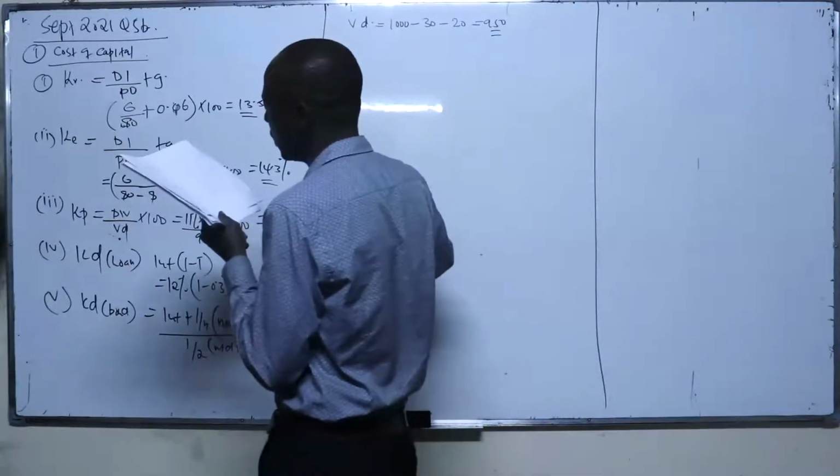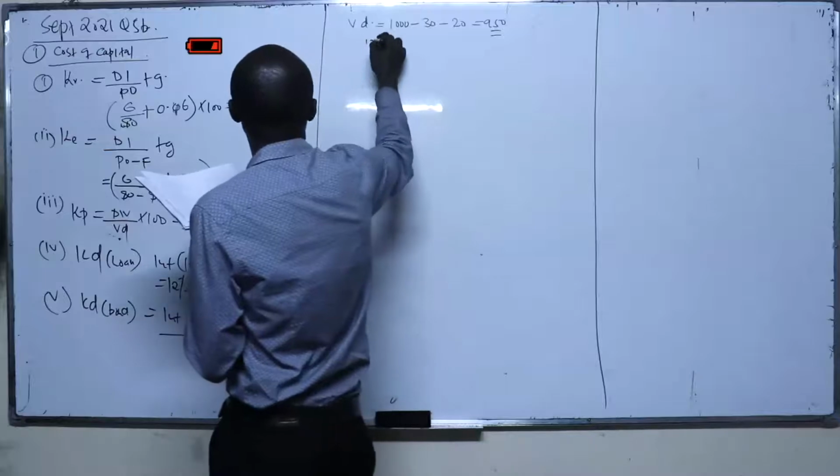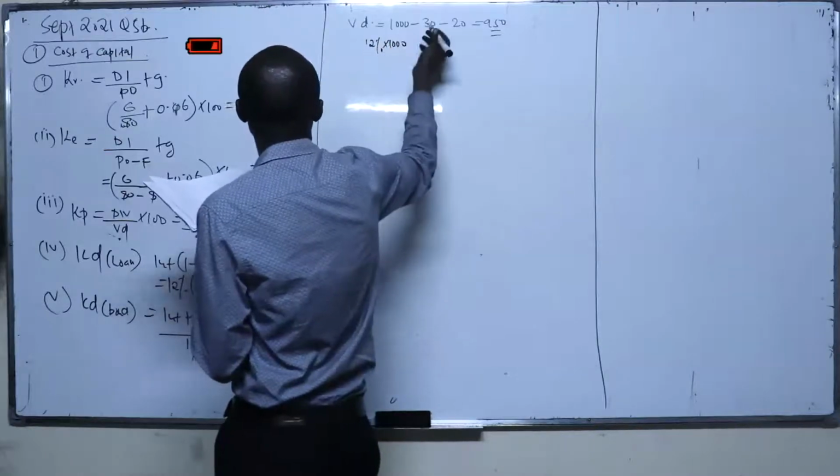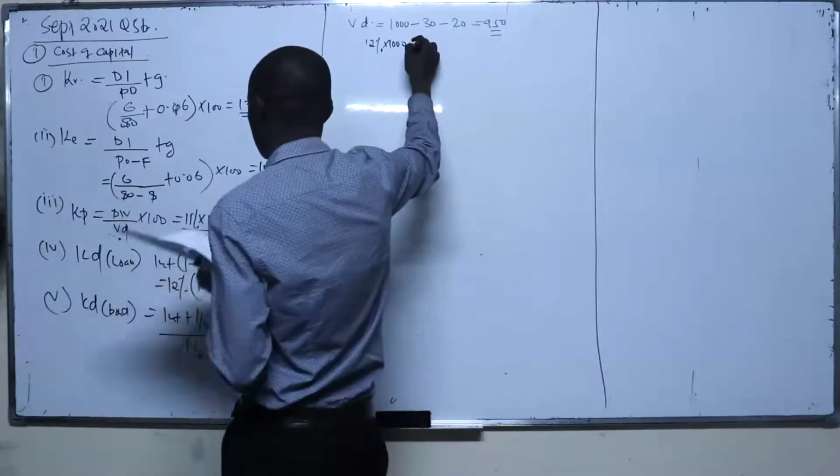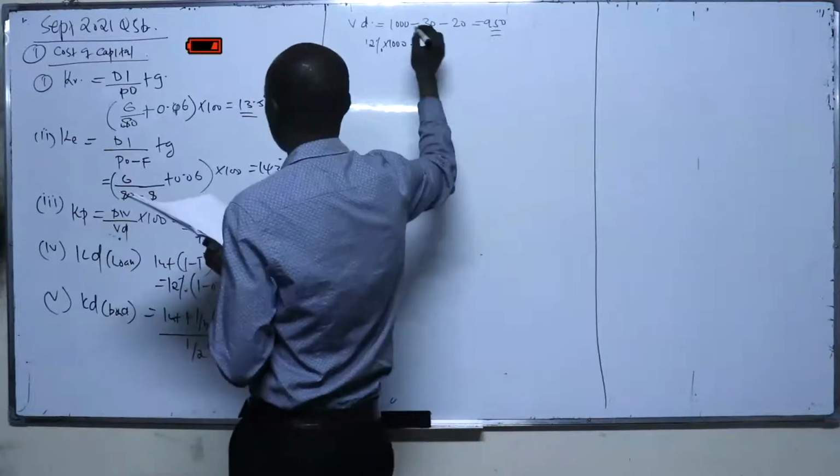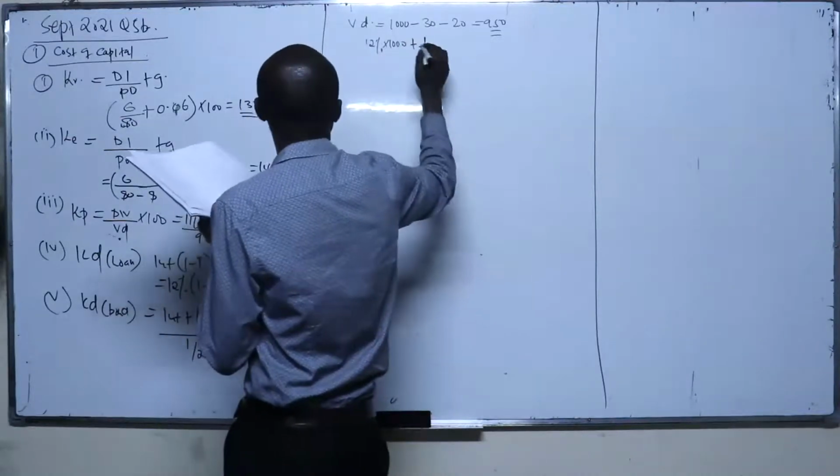So the interest is based on the par value. So the interest is how much? 12% of 1,000. Is it so? Plus 1 over the maturity period, which is how many years? 10.